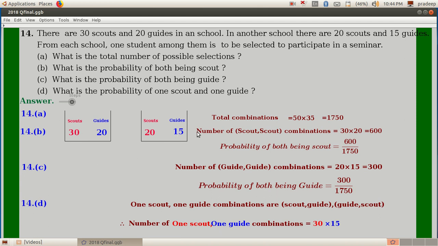In all these combinations, the first one will be scout, the second one will be guide, plus 20 into 20, that is, 20 guides are there in the first school and 20 scouts are there in the second school. Therefore, guide scout combinations is equal to 20 into 20, that is equal to 400.